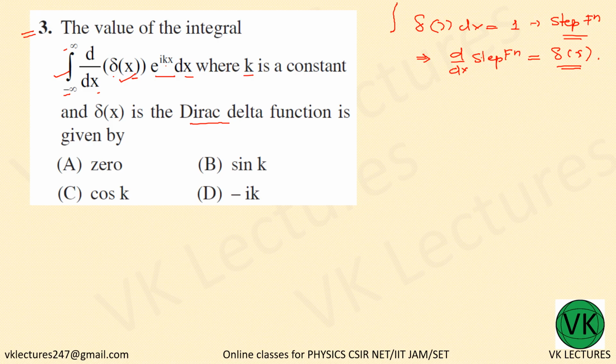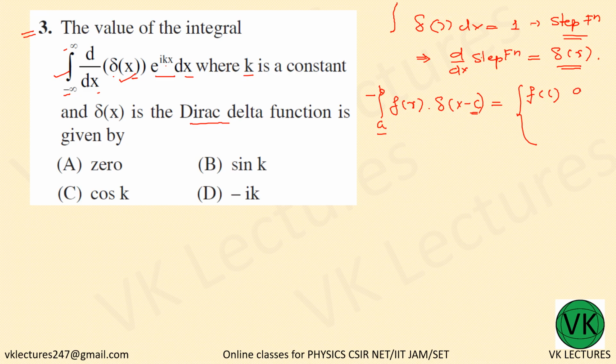Now a few more properties are the integral from a to b of f of x into delta of x minus c is equal to, now there are two values for this. If this c lies between a and b, then the value is f of c.